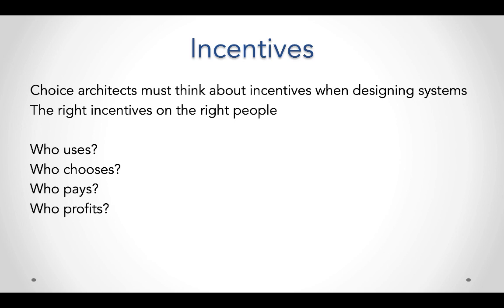So, for example, if you go with your kid to Toys R Us to buy a toy, who uses will be the kid. Who chooses will be the kid as well. Who pays? It will be me, the parent. And who profits? Well, this is debatable. It could be both of us because I take joy and pleasure watching the kid play with a toy, and he obviously takes pleasure by playing with the toy itself.